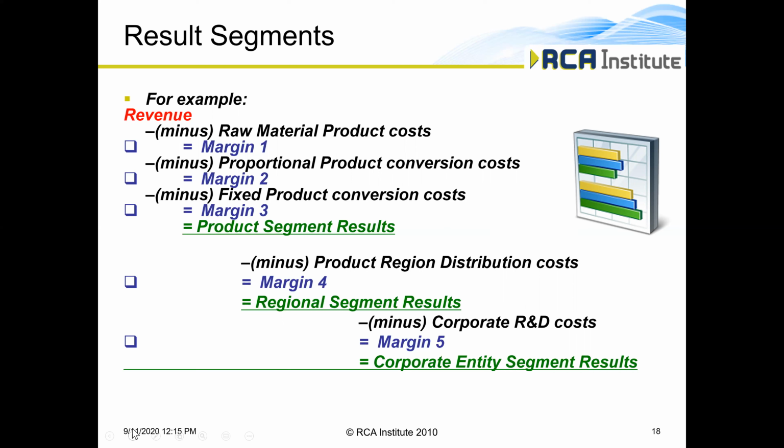Then you may have product region distribution costs, which goes into a regional segment. And then you may have corporate R&D costs, which goes more into a corporate entity results. So this way, the corporate R&D costs aren't spread up here and mucking up the product segment results for that manager.